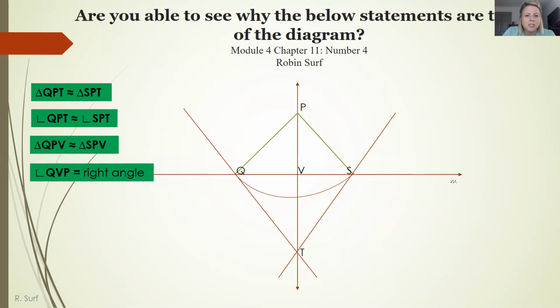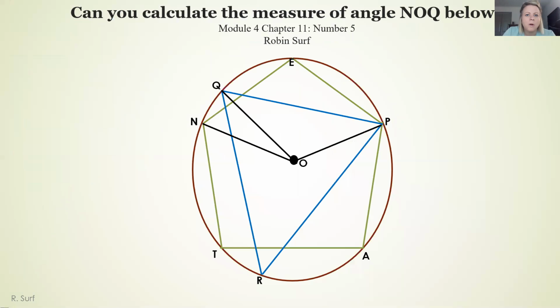Let's move on to question number 5. Can you calculate the measure of angle NOQ below? Well, let's go ahead and take a look at our diagram. This question would like to know the measure in degrees of the angle in black, NOQ.